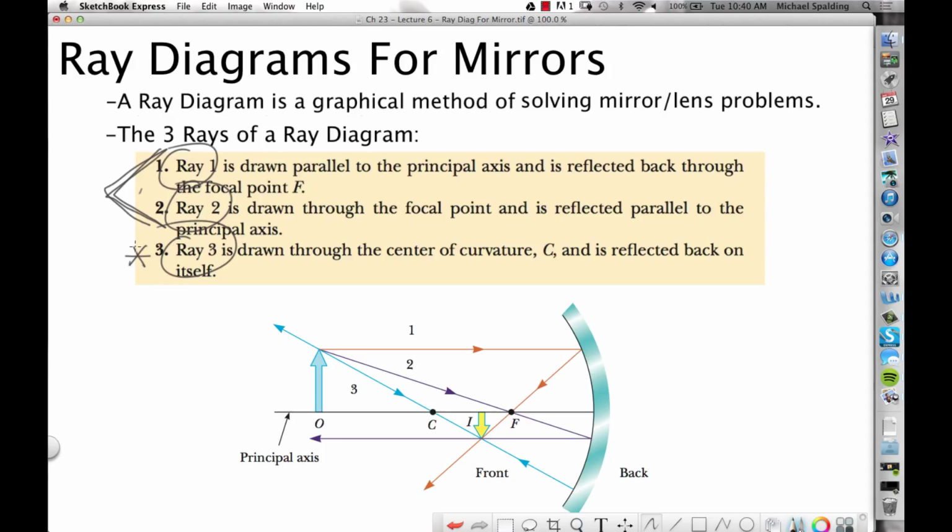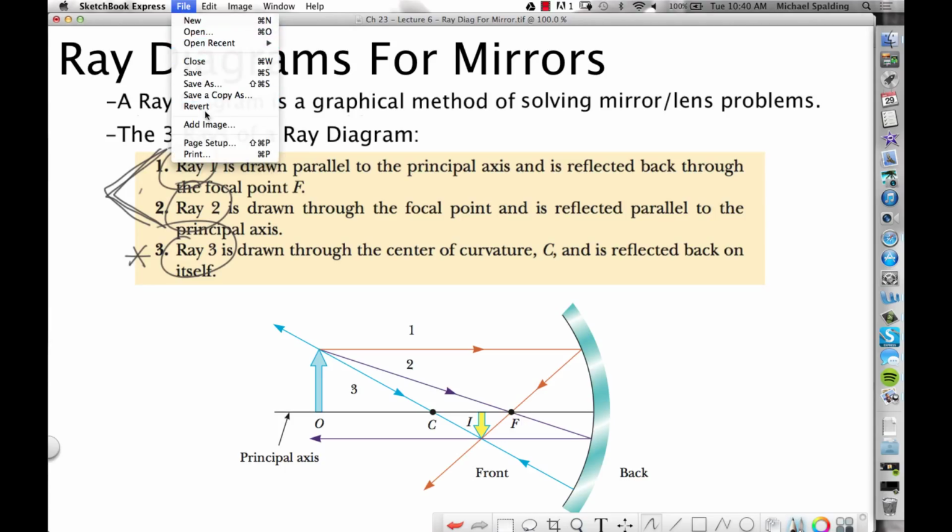And every year I teach it, I'm amazed that it works. Because what you find out from your ray diagram should agree with your calculation. Whether you calculate the answer or do a ray diagram for the answer, the answer should agree. Okay? So these three rays are simply a tool. In real life, light rays don't, this one goes here, this one goes here. This is a method for finding out information about the image formed by a mirror.